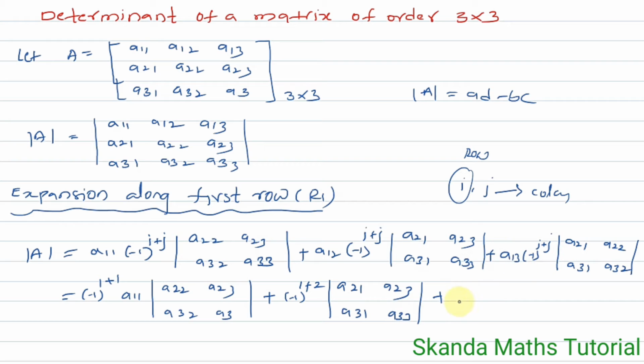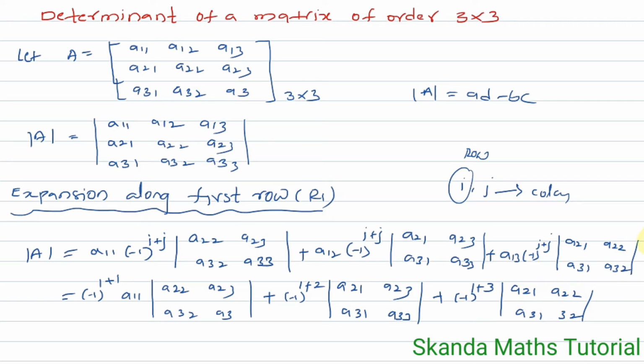Next, here it is minus 1 to the power i plus j. A13 is first row, and which column? It is the third column. So this value is as it is: A21, A22, A31, A32.